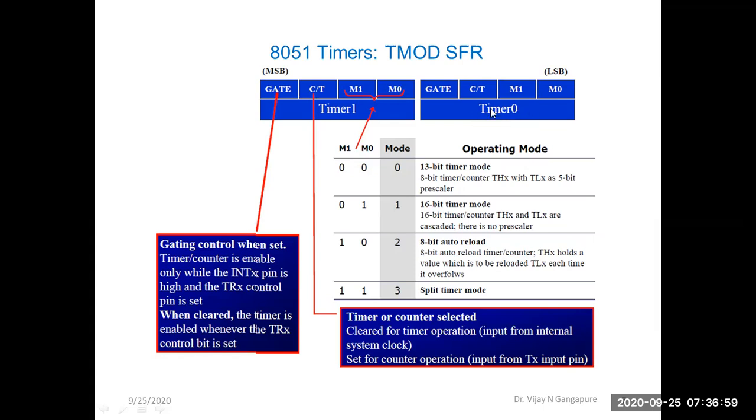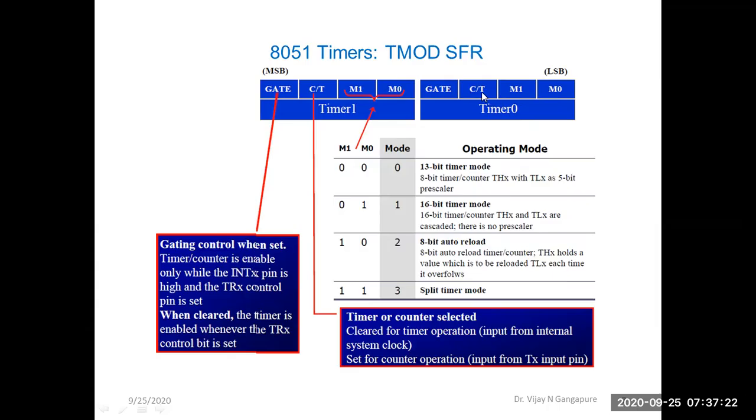To configure timer 0, these 4 bits are there, the M0 and M1 bits. By using these M0 and M1 bits, we can select a particular mode of timer 0. By using the next bit, C/T, we can configure timer 0 either in timer mode or counter mode.